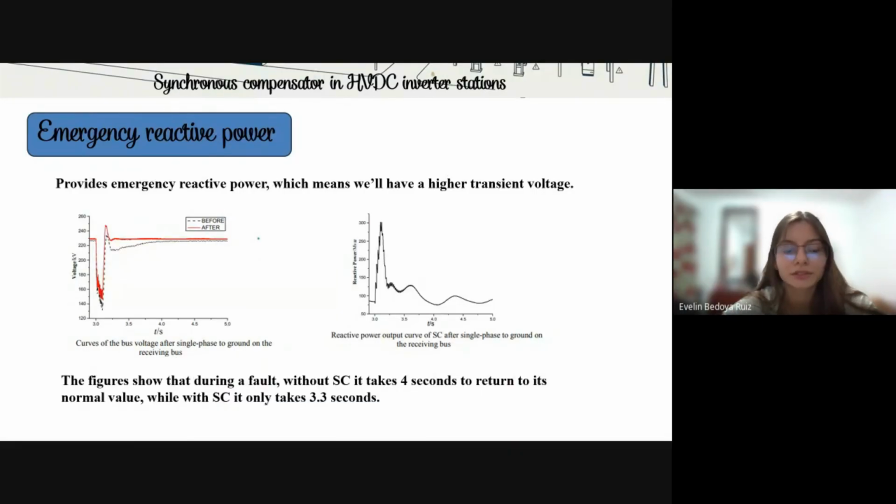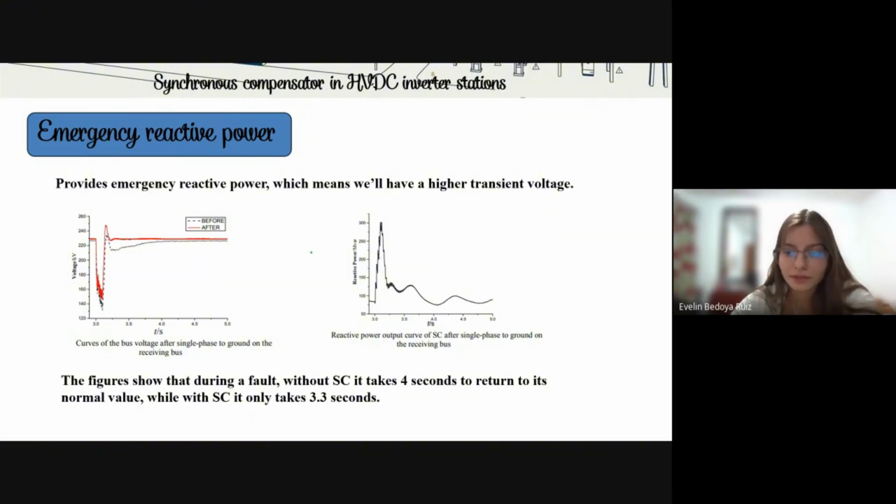Okay, so when we are talking about emergency reactive power, it means that the compensator will provide a reactive power output in case of a fault. As we can see in these two figures, during the fault the voltage will decrease, and as the voltage decreases, the reactive power will increase because of the compensator.